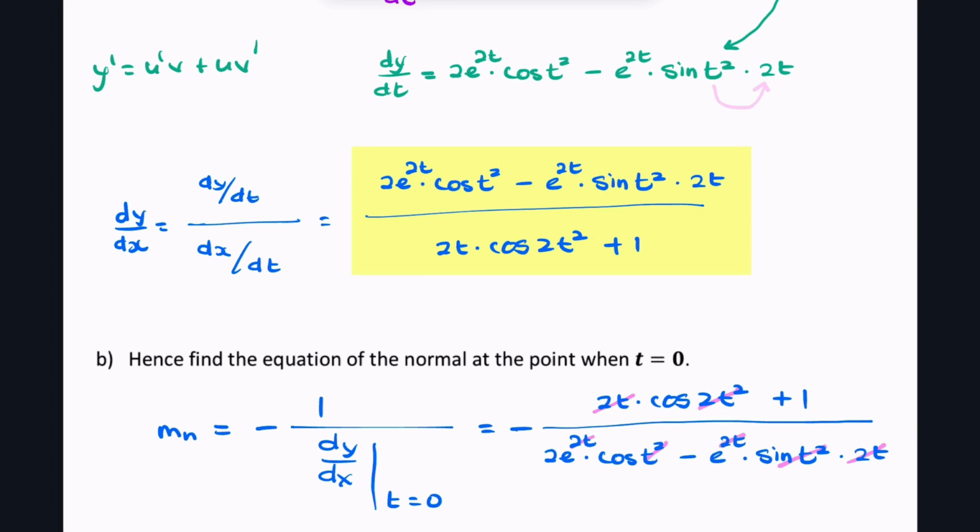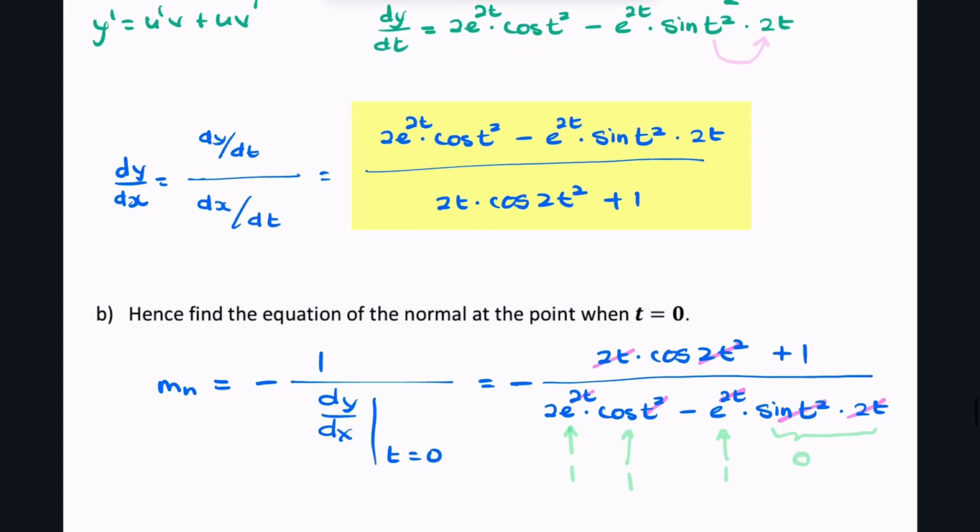Cosine 0 is 1, and e to the power 2t, or e to the power 0, is 1, so that's 1, and that's a 1, and that's a 1, but this is 0.